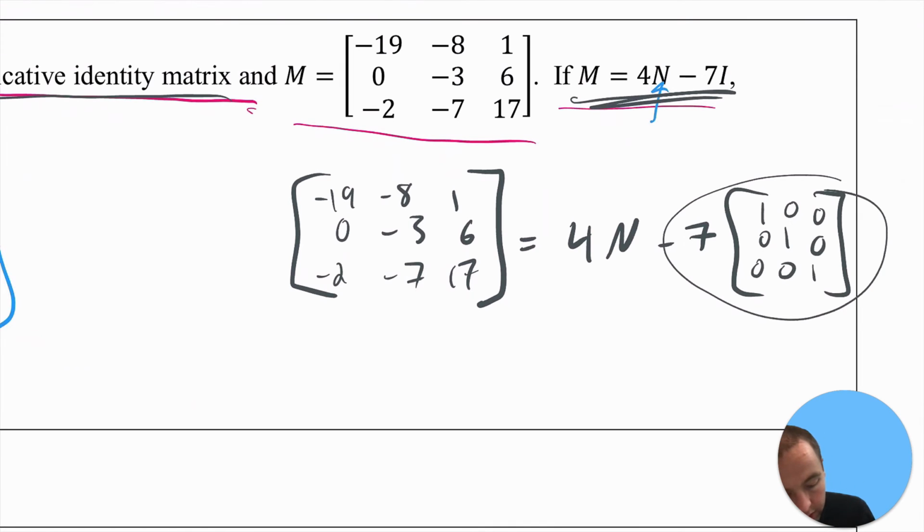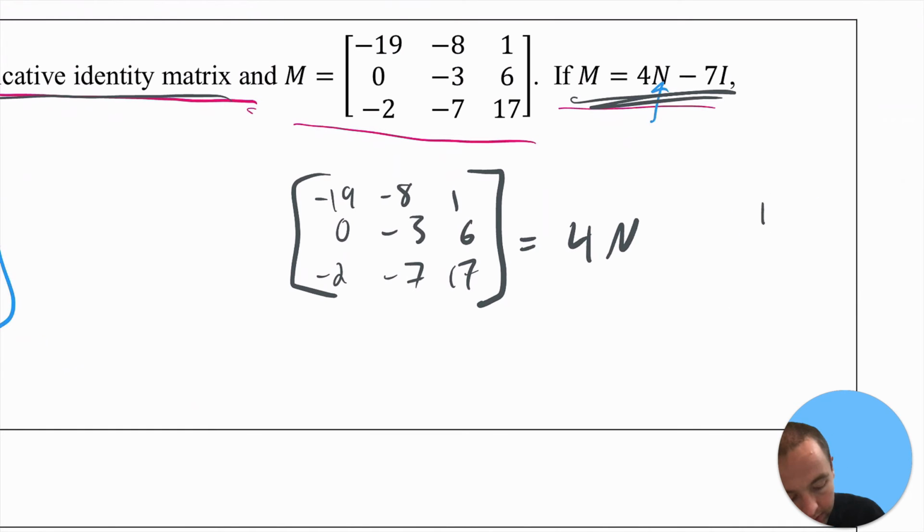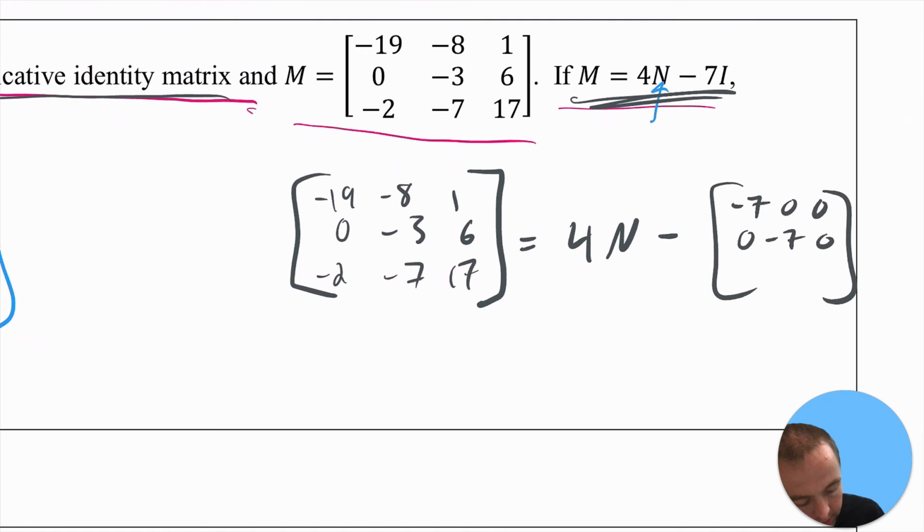So I'm just going to erase that and rewrite that this is going to be -7, 0, 0, 0, -7, 0, 0, 0, -7, right? But I guess it's not subtracted anymore because now we're going to add since we distributed the negative.